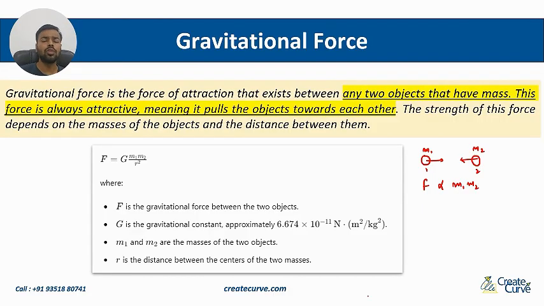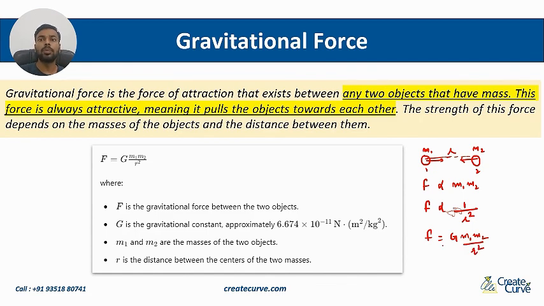This gravitational force is proportional to the product of the masses, and it is also inversely proportional to the square of the distance between them. Let's say the distance between these two objects is r, so the square of r. So this force becomes G m1 m2 by r square.